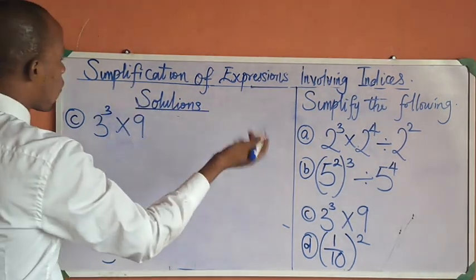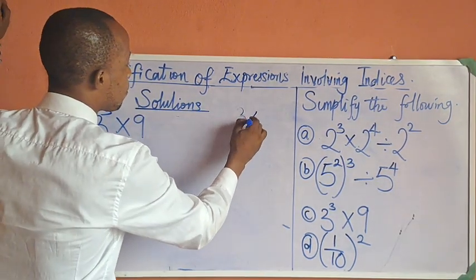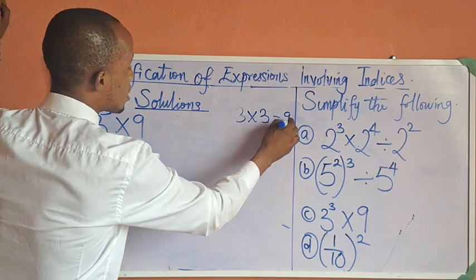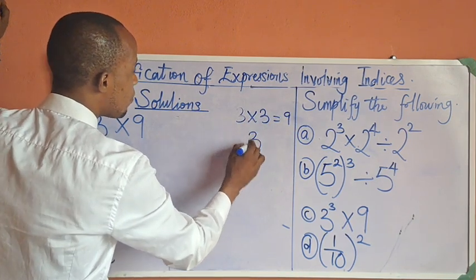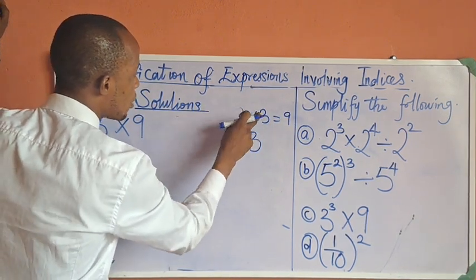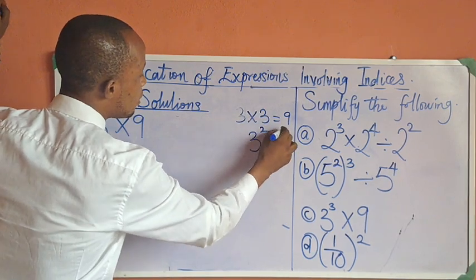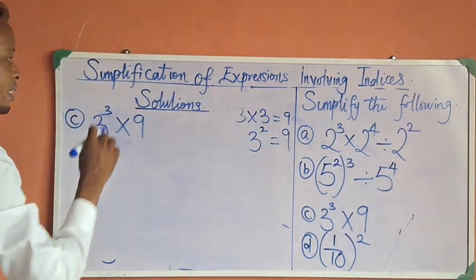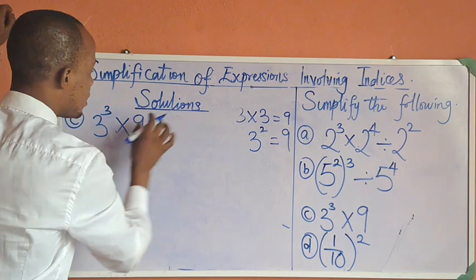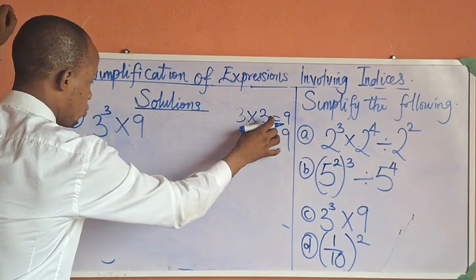And in your rough book, 3 multiplied in 2 places will give us 9. In other words, 3 having the power of 2 is the same thing as 9. So in that case, I am going to replace 9 with 3 raised to power 2.